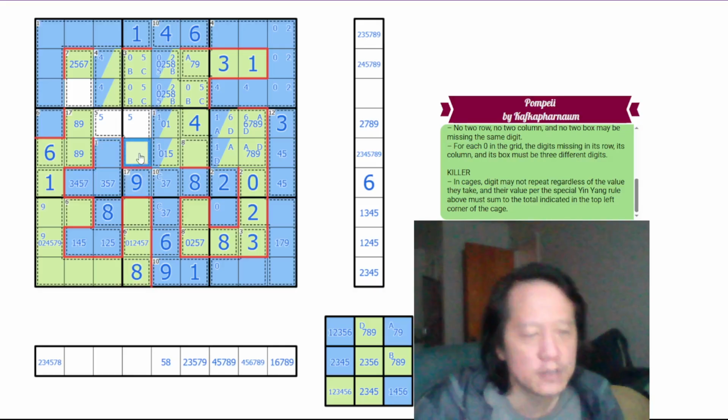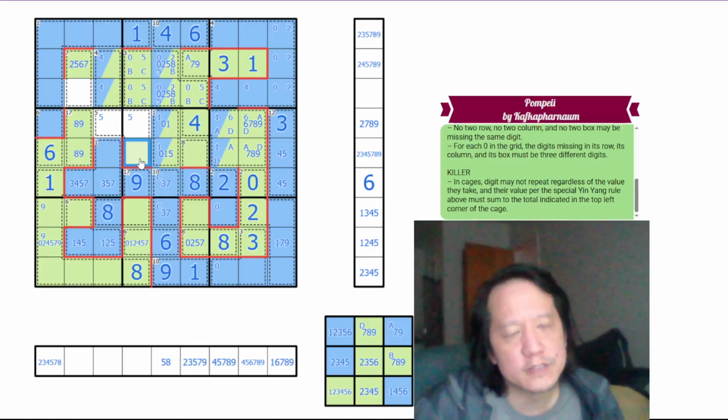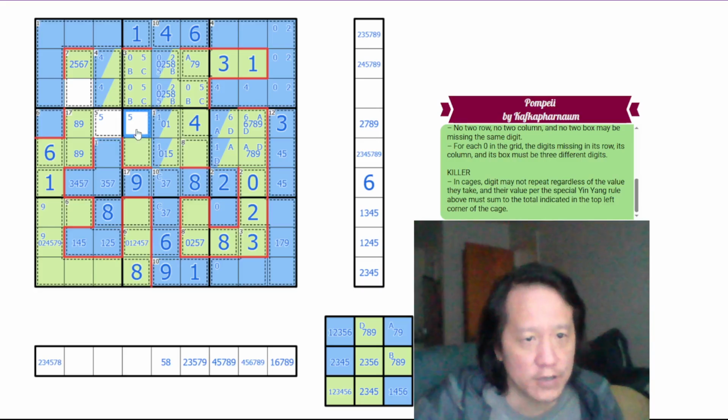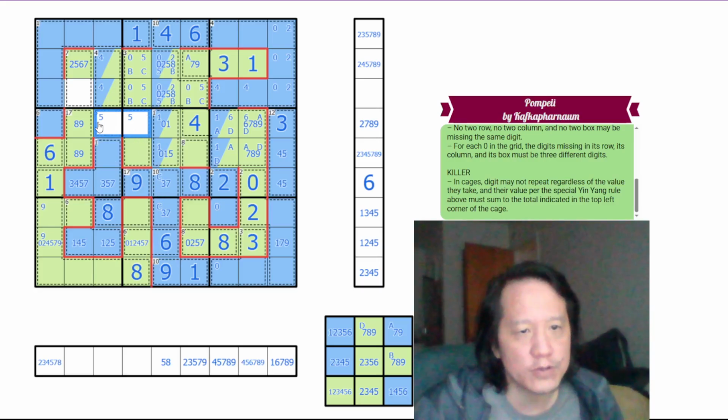So that's green, which means it's 0 in value. If you try to have both of these have value, this would be blue and this would be green, and then you have the cross-diagonal problem. So either both of these are blue or both of these are green.